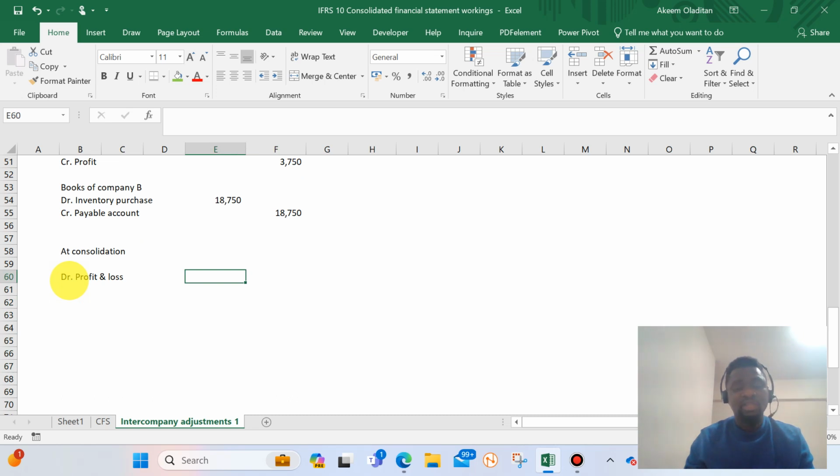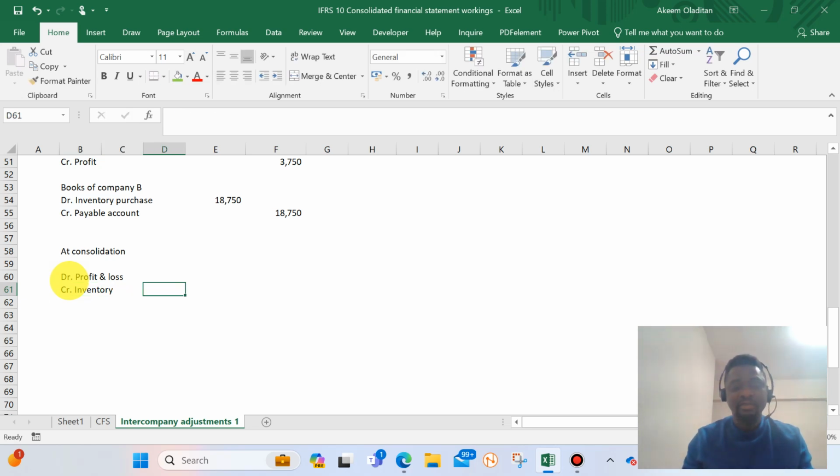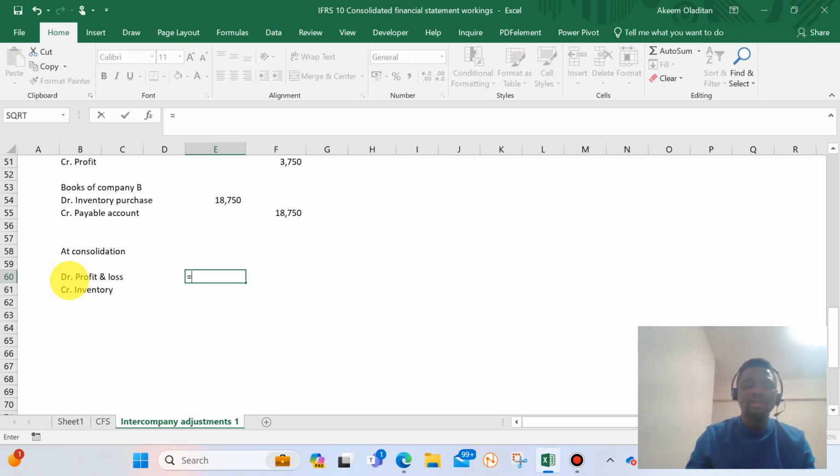I don't want to say exactly how much we're debiting now, but just to know which account to debit and which account to credit, it is the inventory account. That will be the inventory account in Company B, because Company B still has some element of the inventory that it has yet to sell to a third party, which is 20%. So let's look at it this way.